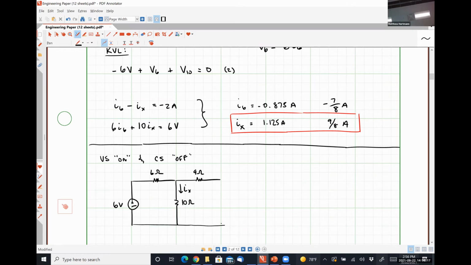What do we know that forces current to be 0? An infinite resistance, which is a fancy name for an open circuit. So to turn a current source off, we replace it with an open circuit. I will write that explicitly here.